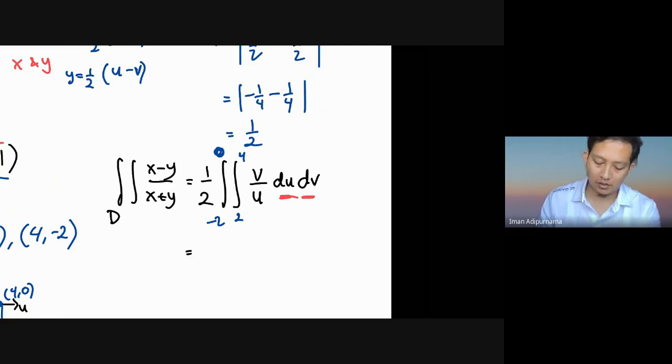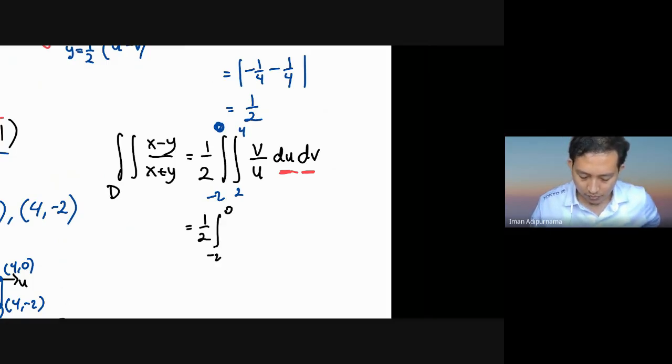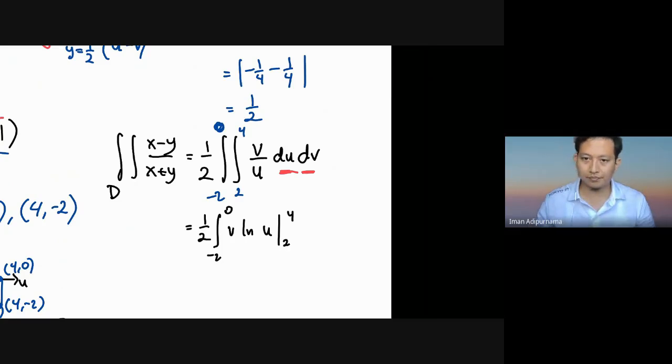And the idea for reversing the integral is to help you solve the calculations, right? If you look here, it's 1 over u du, but because it's easy to integrate 1 over u, it's just ln, right? So you can definitely just stay as it is, but sometimes maybe you need to reverse. So it will be v and then ln u. We put in 2 and 4, and then dv.